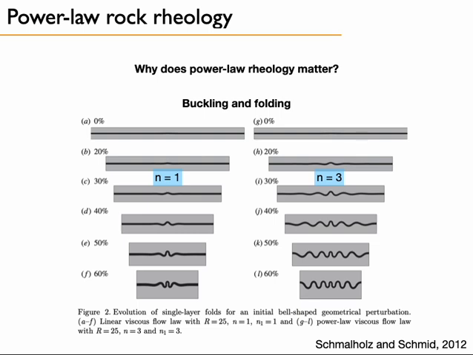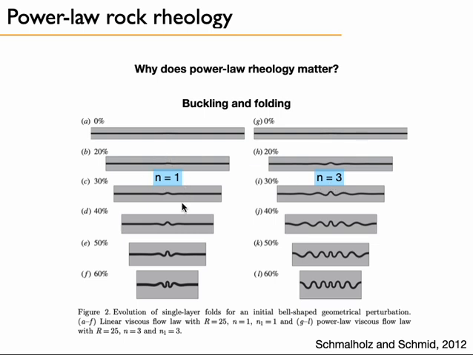So these are results of finite element simulations of single layer folding. You have a box here with a strong layer in the middle, and this layer is being shortened by 60% in both cases here. What differs between this column and this column is the power law exponent.